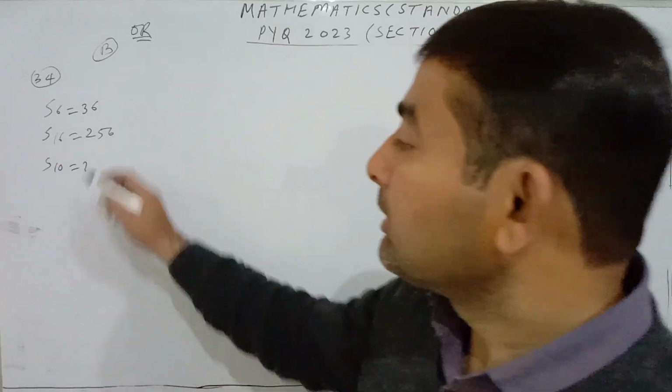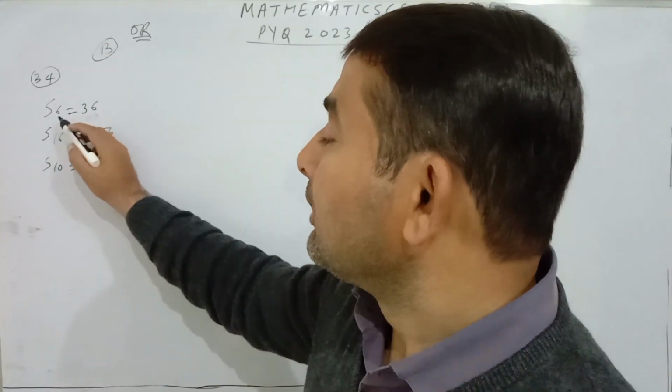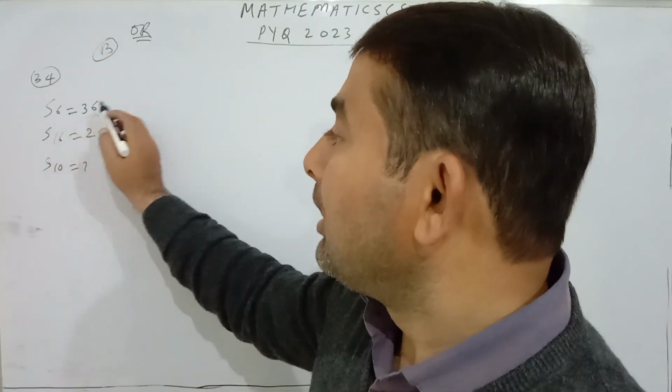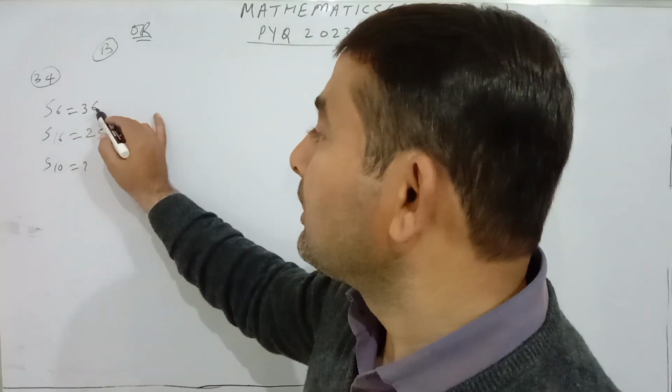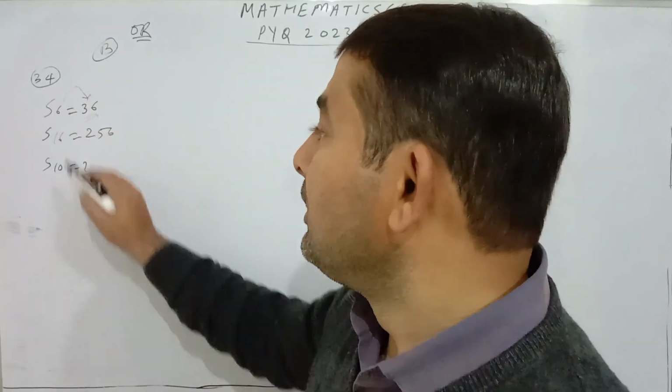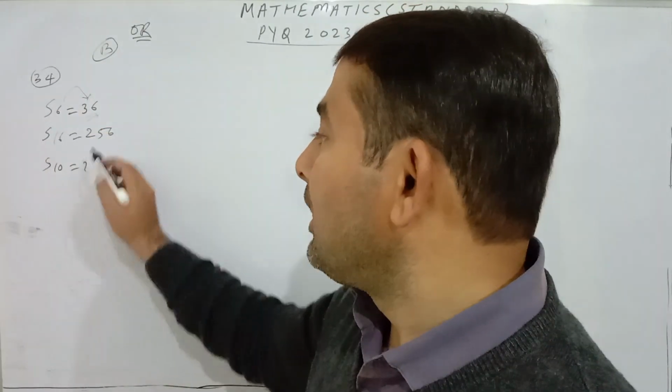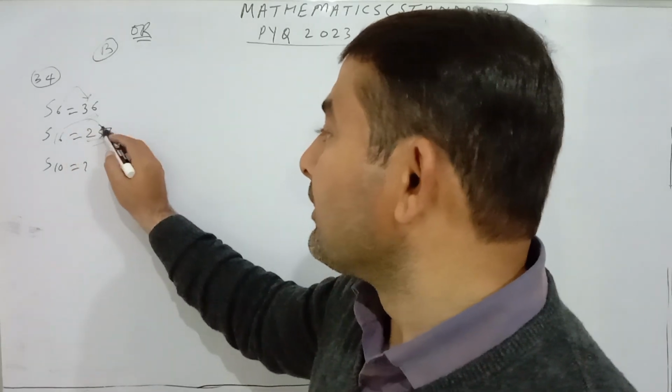It is given that the sum of 6 terms of an AP is 36. Here, 36 is the square of 6 and 256 is the square of 16.